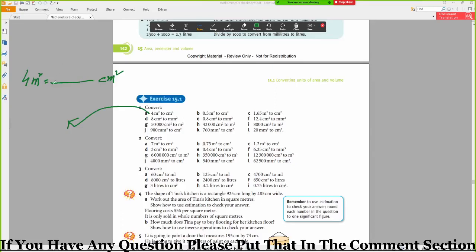Okay, so 1 meter is equal to how many centimeters? 1 meter is equal to 100.